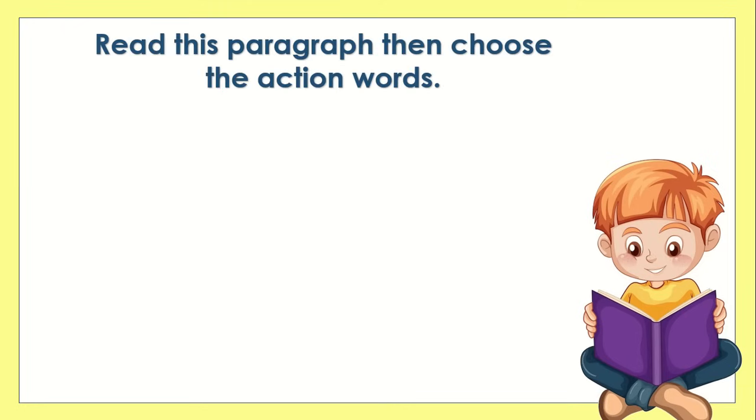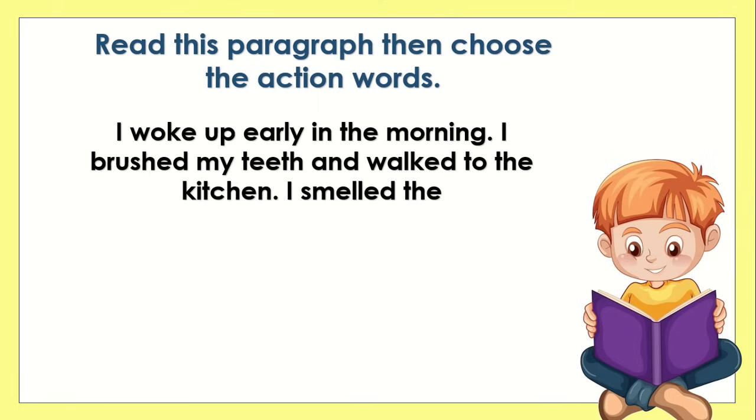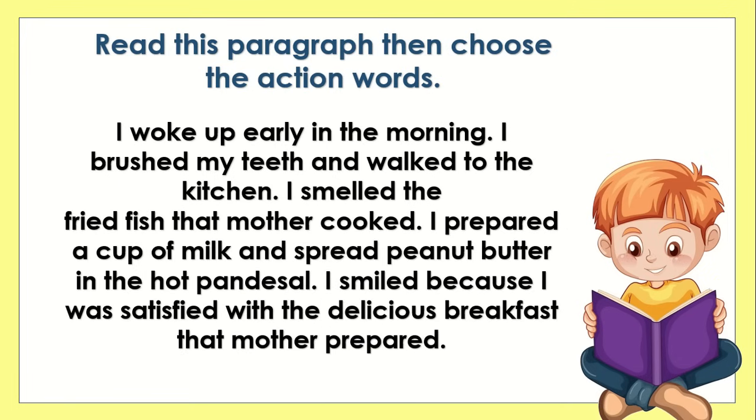Read this paragraph, then choose the action words. I woke up early in the morning. I brushed my teeth and walked to the kitchen. I smelled the fried fish that Mother cooked. I prepared a cup of milk and spread peanut butter in the hot pandesal.